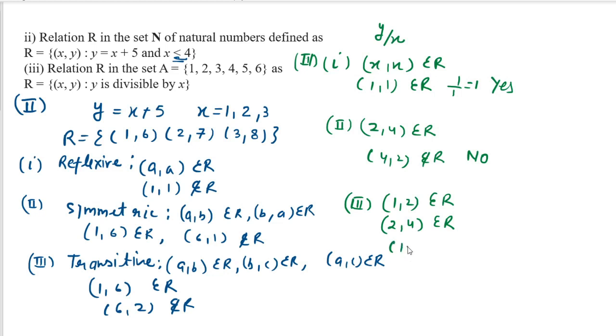And here I can also say (1, 4) also belongs to R. So this is yes. Yes means it is transitive. So the third part is reflexive, it is transitive, but it is not symmetric.